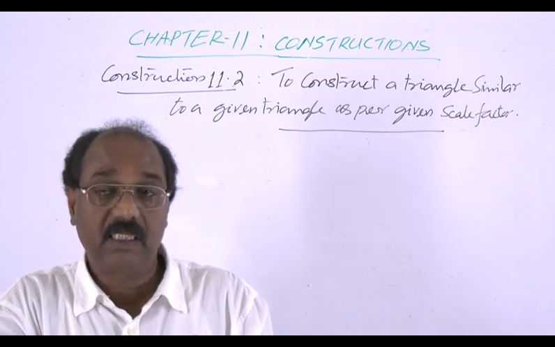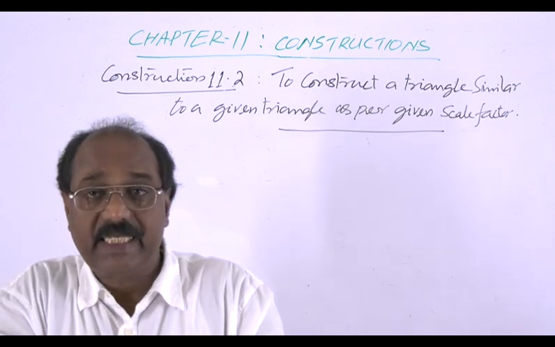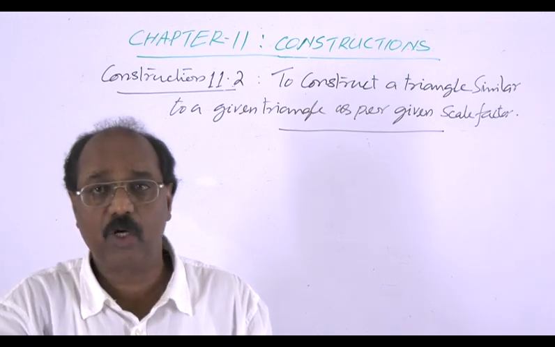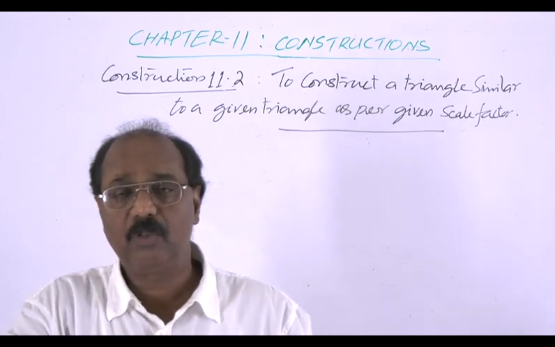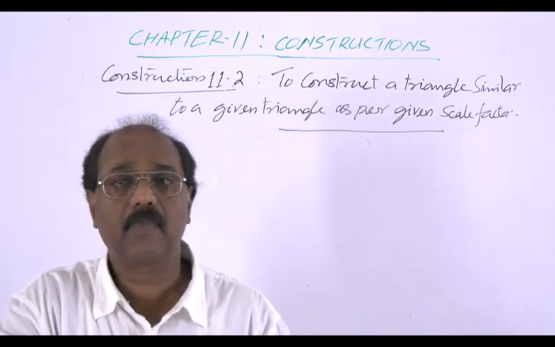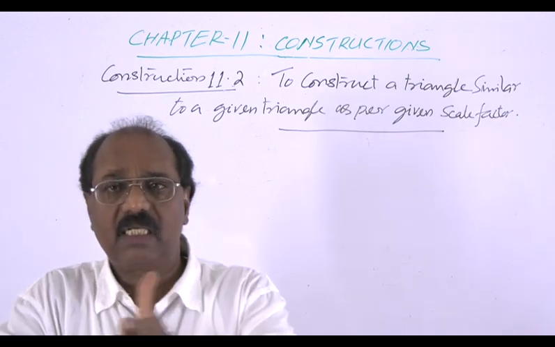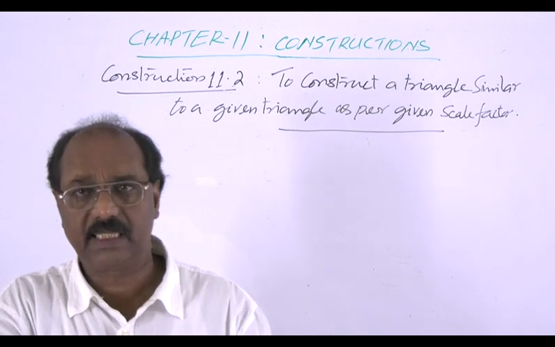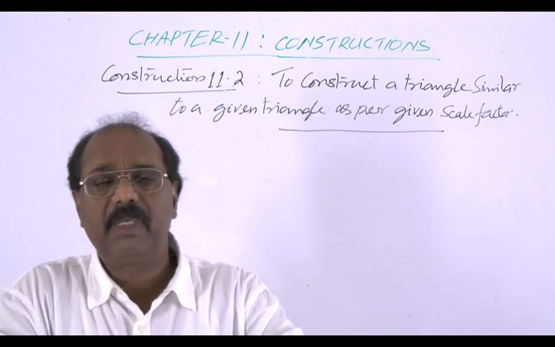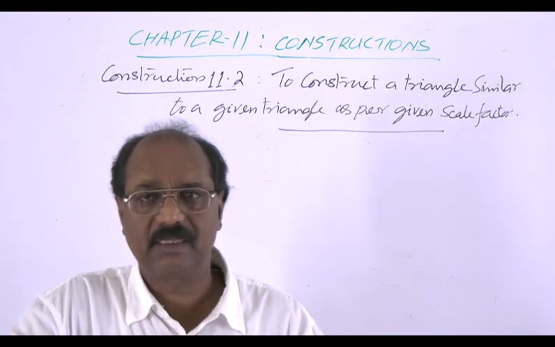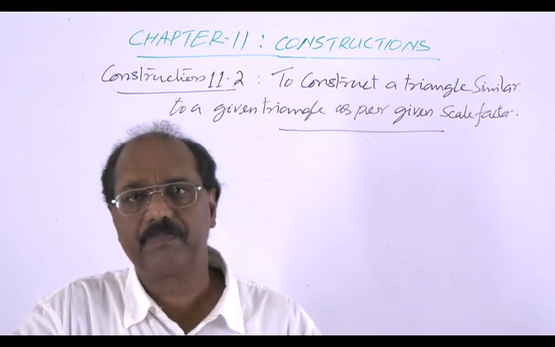Otherwise, that is, if the numerator of the fraction is greater than the denominator, the new triangle will be a larger triangle. First we will construct a smaller one, then afterwards we can consider the second case. The method is almost similar, a slight difference is there.